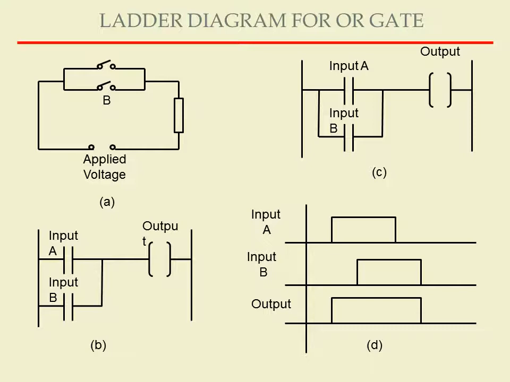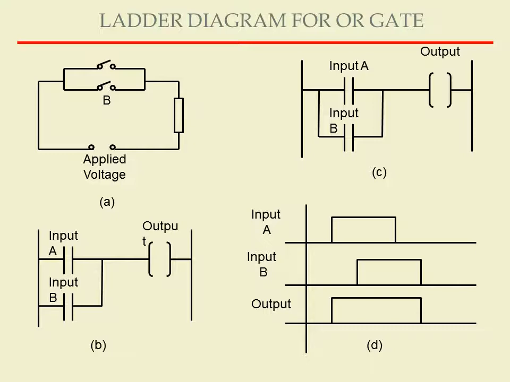Okay, so recall the truth table for the OR gate, that is 0 0 is 0, then 1 0 is 1, 0 1 is 1, and 1 1 is 1. So that you can see in diagram D. Whenever there is 0 0, that is input A is 0, input B is 0, output is also 0.